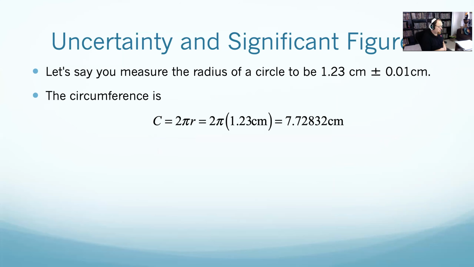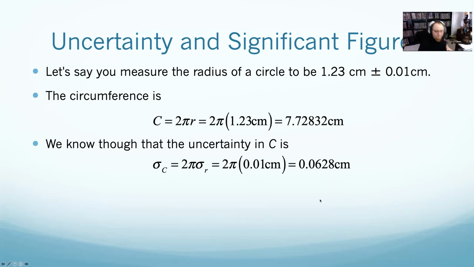And you want to get the circumference. Well, circumference is 2 pi r. So we can say the circumference of the circle is 7.72832 centimeters. But we also know the uncertainty in the circumference is 2 pi times the uncertainty in radius. So that means the uncertainty in the circumference is 0.0628 centimeters.